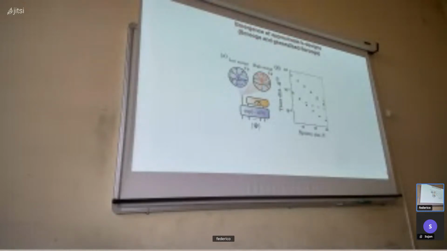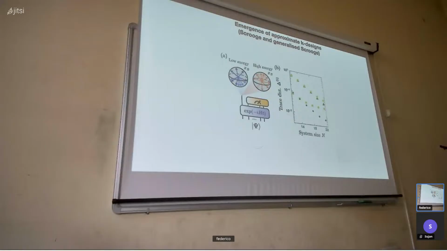The light green points are the ones where they measure in the X basis. You see that this distance is basically flat, while the dark green points are in the Z basis, and you can see that this distance is exponentially decreasing with system size. And so the system is deeply thermalizing to a structured ensemble.